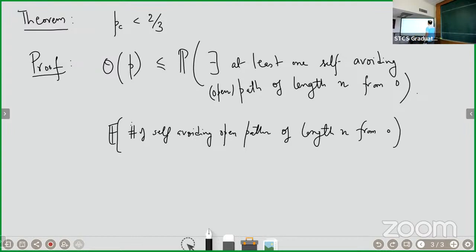This is something: 4 times 3 to the power n minus 1, times p to the power n.